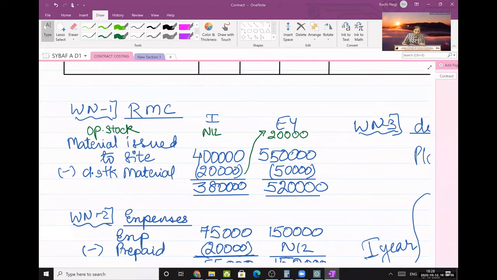Acknowledge it in the chat box. Is this clear to everyone? When I'm calculating raw material consumed, formula is opening plus incoming goods less outgoing goods is RMC. Outgoing goods mein closing stock is coming, material returned, material sold, and all this. So that closing will become opening for the next year.